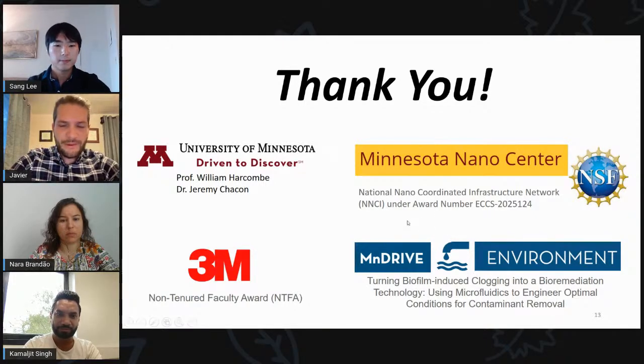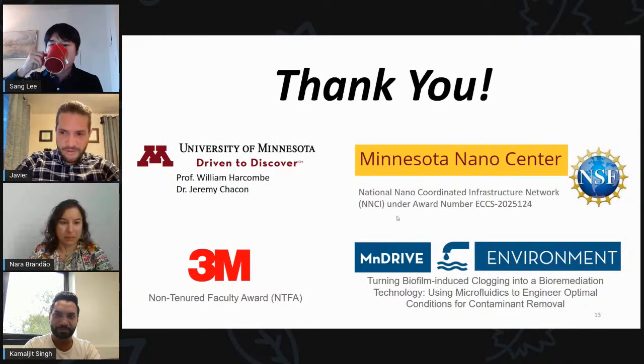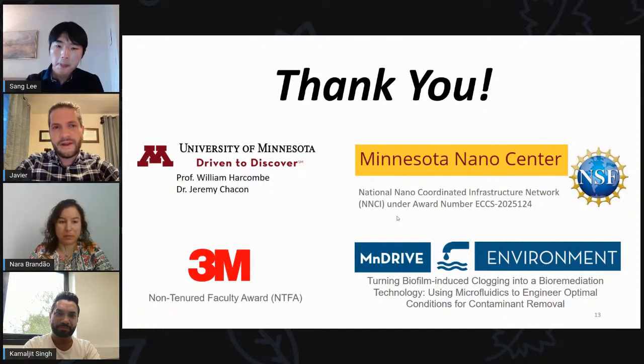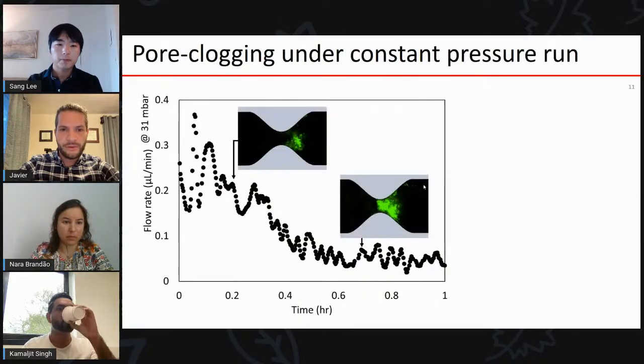Thank you very much, Sang-Li, for this great presentation. It was very insightful because you show a very interesting phenomenon, and for me it was kind of counterintuitive to see that the cells first start nucleating where the velocity is the highest, which is at the pore throat.